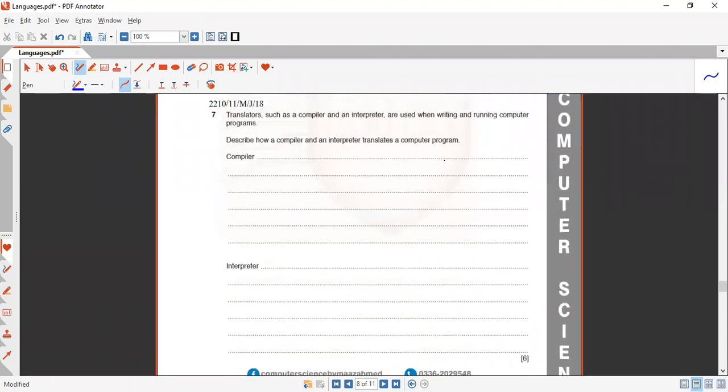Okay, now we are coming to the next question. It says translators such as a compiler and interpreter are used when writing and running computer programs. Describe how a compiler and an interpreter translate a computer program.